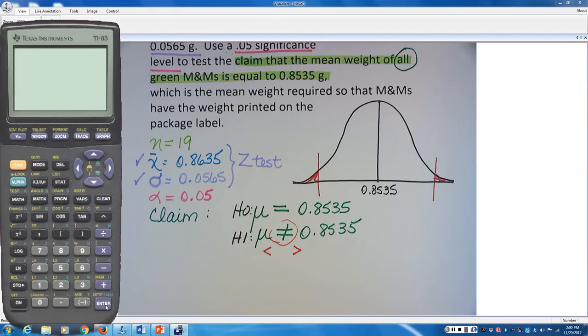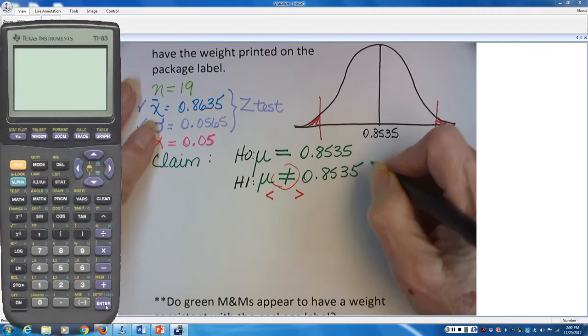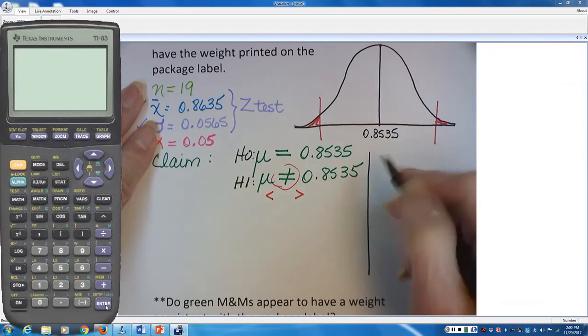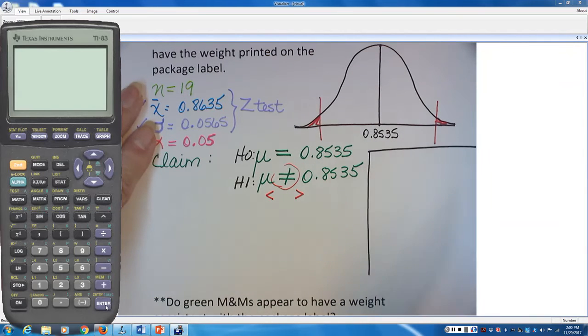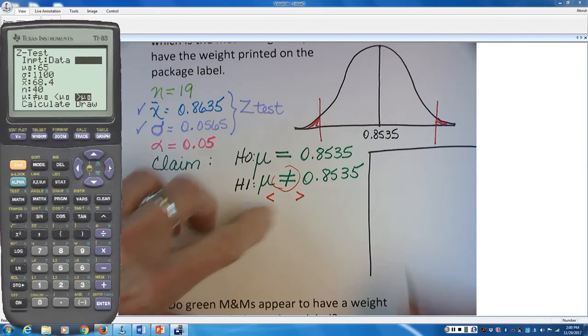So at this point, we're going to do the test. We're going to do a z-test from stats.